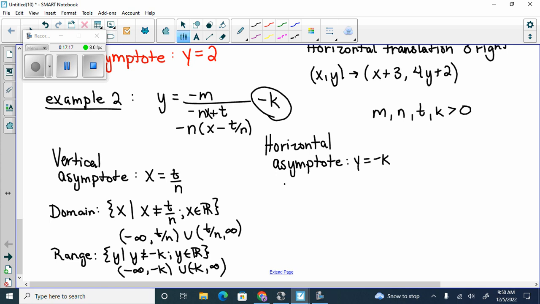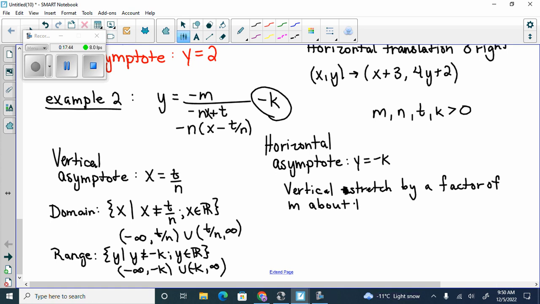So here we have a vertical stretch. Just get rid of the A. Stretch by a factor of what? M. Do we have a horizontal stretch?